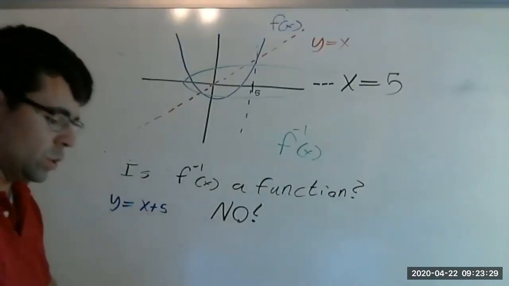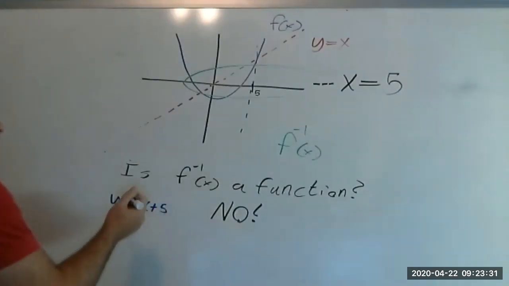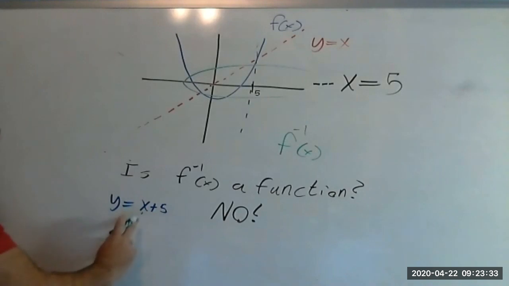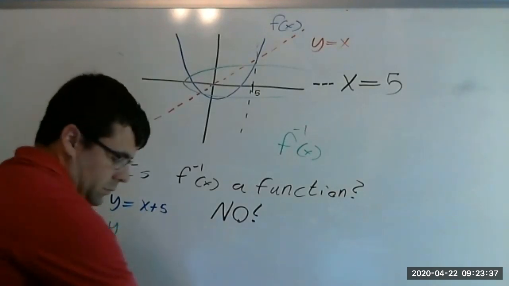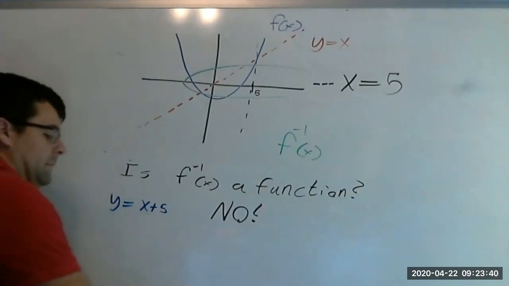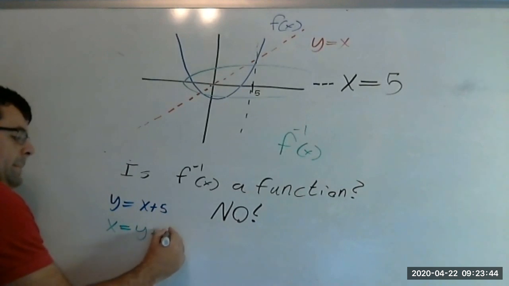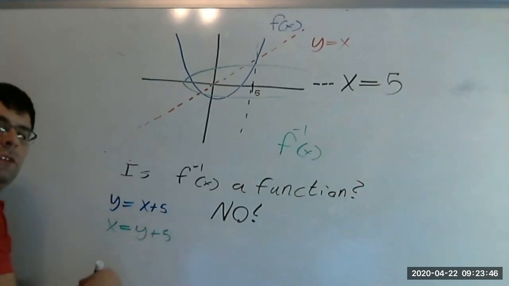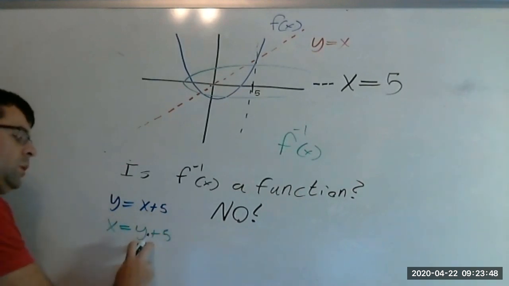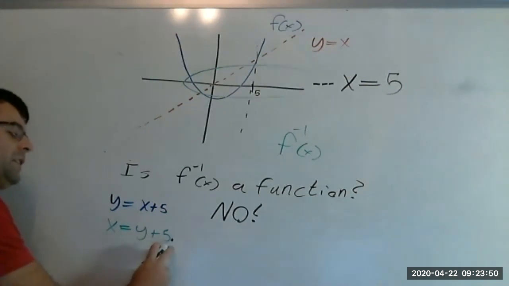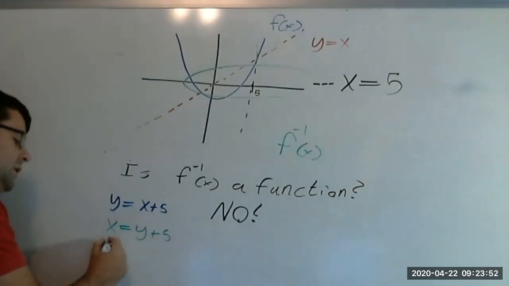No. So what we do is to find the inverse, we switch the y and the x. And then we resolve for y. So we want y by itself. So we take this plus 5 and subtract it over.